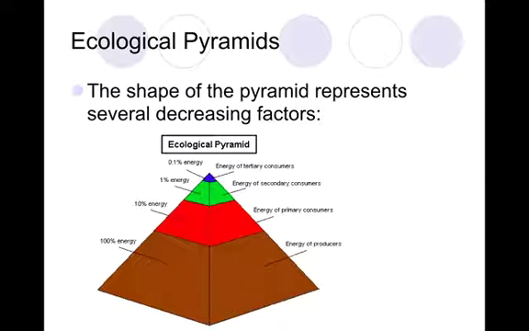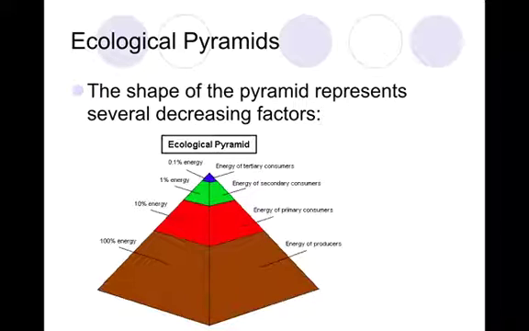Now, our ecological pyramids, they show different factors. And it's in the shape of a pyramid because it represents several decreasing factors. One increasing factor, but several decreasing factors. And so the first decreasing factor that it indicates is energy transfer.